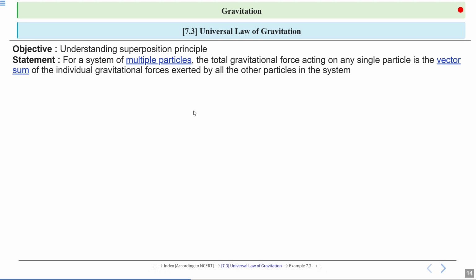For a system of multiple particles, the total gravitational force on any single particle is the vector sum of forces from all other particles. This means we consider both the magnitude and the direction of each force, which is essential for accurately determining the net force acting on a particle.